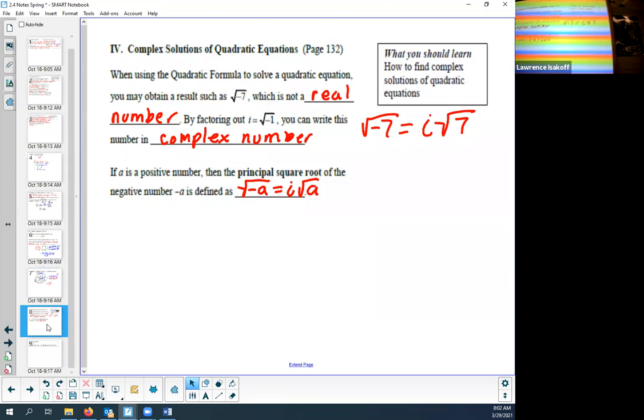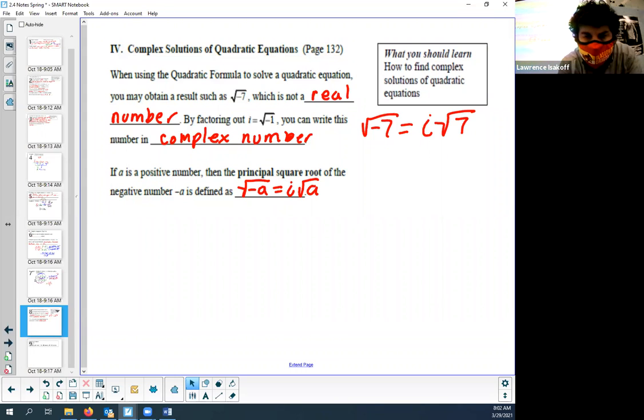Last thing here, we're using the quadratic formula. If you get something like the square root of -7 inside of it, there are no real numbers at work. But we can factor out an i, or the square root of -1, and make it a complex number. So if a is a positive number, the square root of -7 is i root 7.